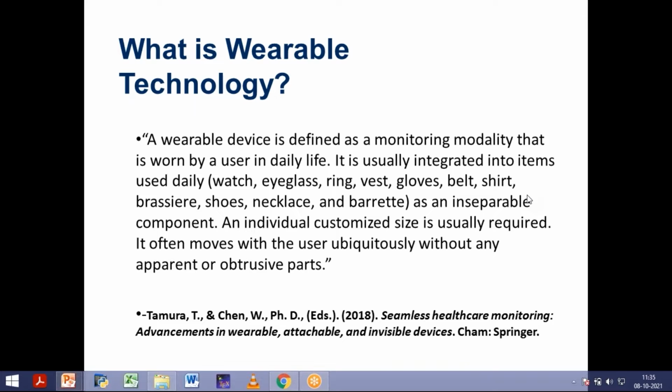So foremost, in the definition itself, we know that wearable technology needs to be unobtrusive and should be able to be worn by the person.